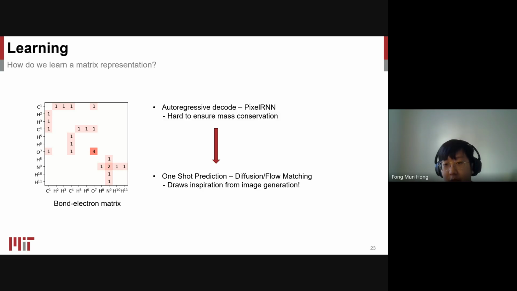As we saw this matrix, we see that this is a really strong link with image generation, where it starts with a Gaussian, and then this Gaussian just moves towards a picture, and normally the picture does not change dimension. So this is actually a perfect use case for diffusion or flow matching formulation onto this problem.